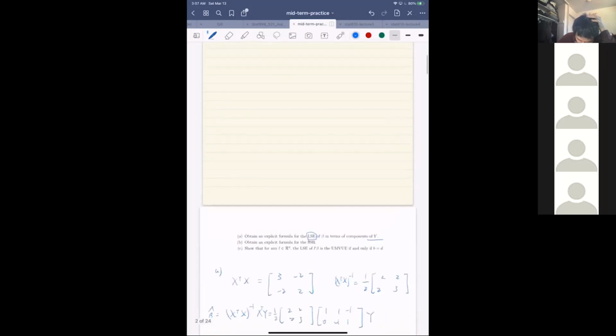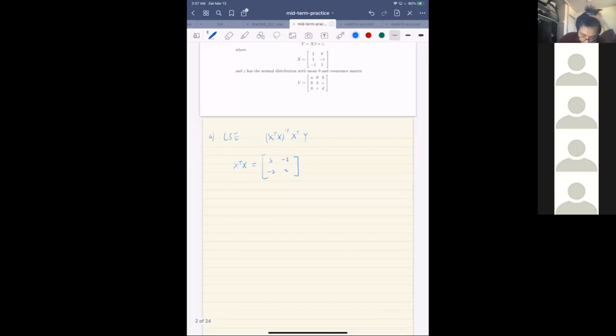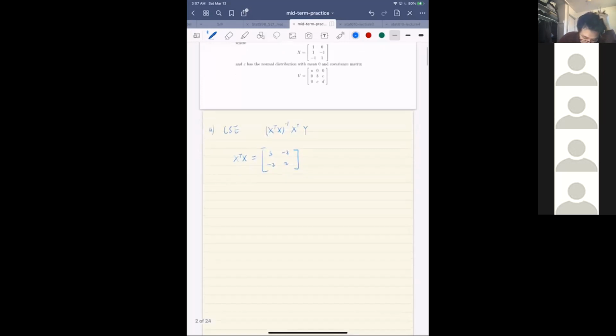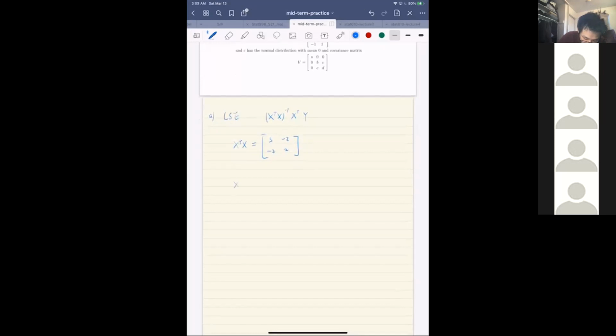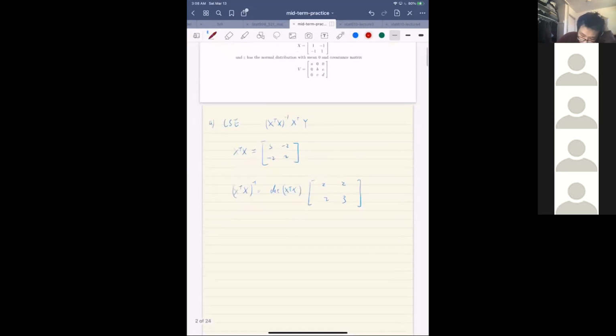Okay. Then we can find the inverse. Finding an inverse of a 2 by 2 matrix is easy. Just using the determinant of X transpose X, and we have to change the order of 2 and 3, and here is plus. Yes. So let's write that formula.